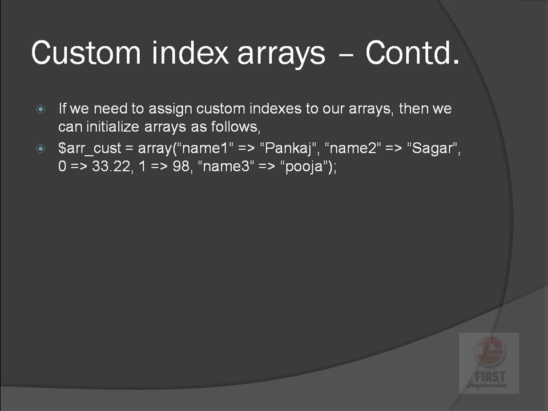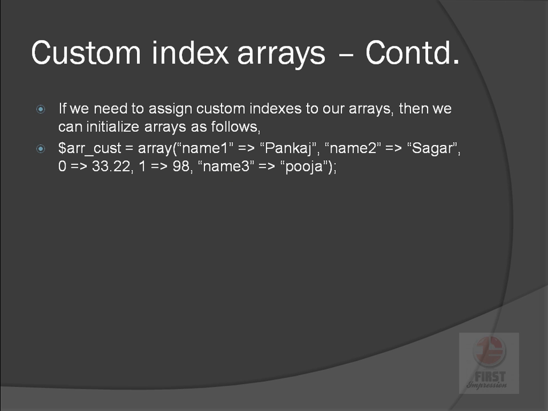For example, $ARRcust equals array, and the first argument over here is the key, name1 => Pankaj. This indicates that this array has name1 of Pankaj, name2 of Sagar, 0 as 33.22, 1 as 98, and name3 as Pooja.